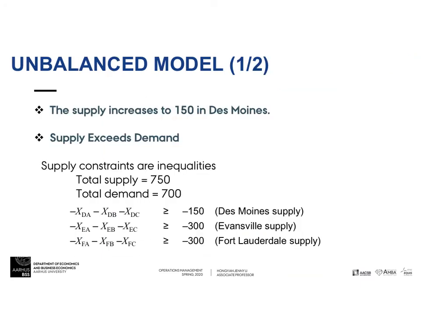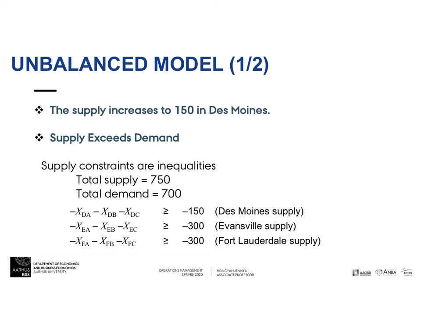In the first model problem, I considered a balanced model, so we know the total demand equals total supply, both are 700. Now in this slide, we slightly change the initial problem.